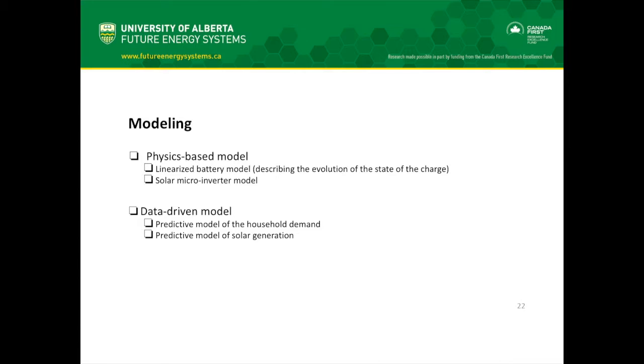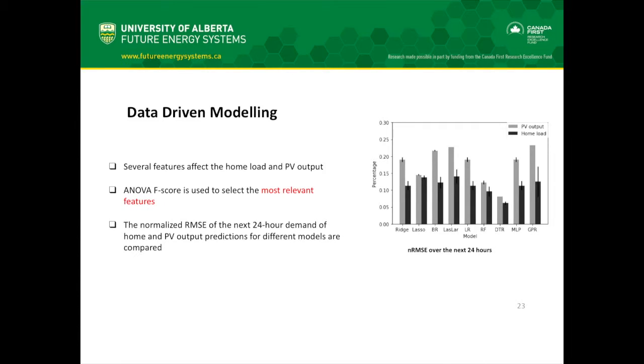So we have two different types of models, physics-based models and data-driven models. The physics-based models are for battery and solar inverter that are coming from literature. But in order to predict the home demand, also PV generation, we use data-driven modeling based on the historical data. Since we have historical data, we might have many, many features being effective for our predictions.